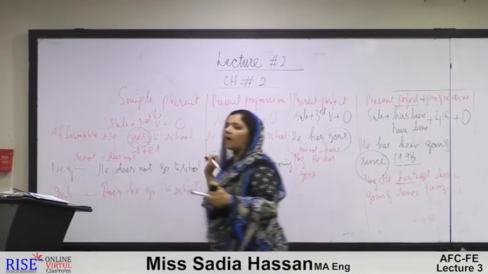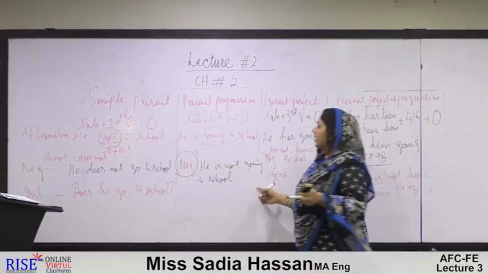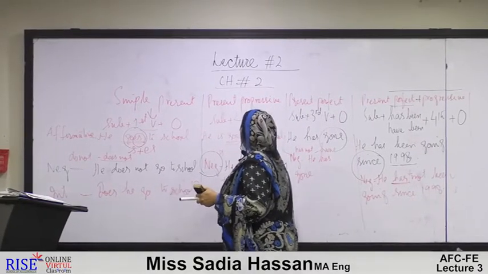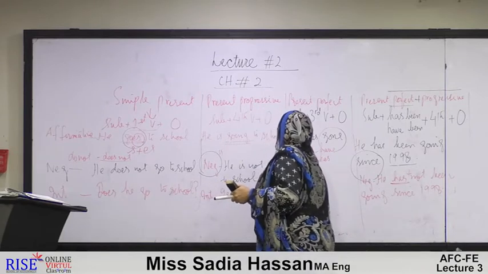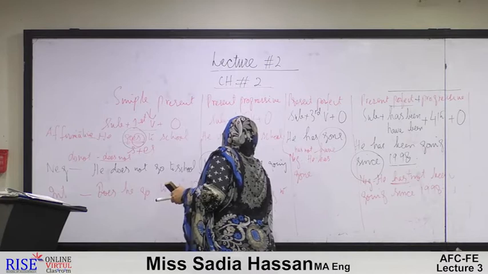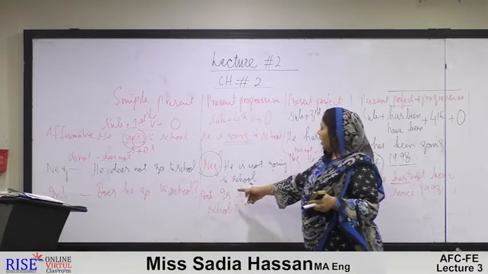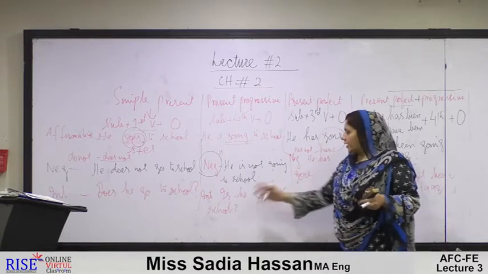And we are going to add a question mark at the end of the sentence. And again, the interrogative of present progressive: is he going to school? We are taking the helping verb out, and the rest of the sentence would be constructed in this way.